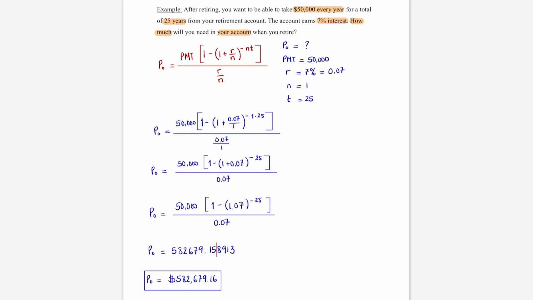So if I want to take out $50,000 per year for 25 years in the account that earns 7% interest, I need to have $582,679.16 in my account when I retire.